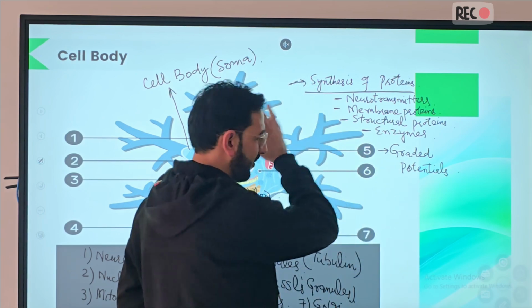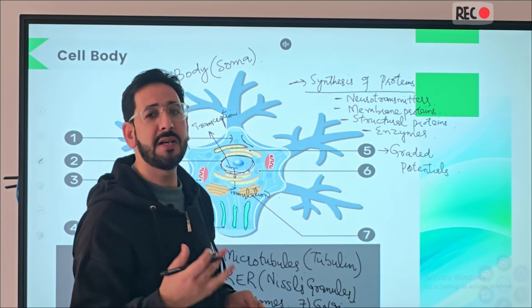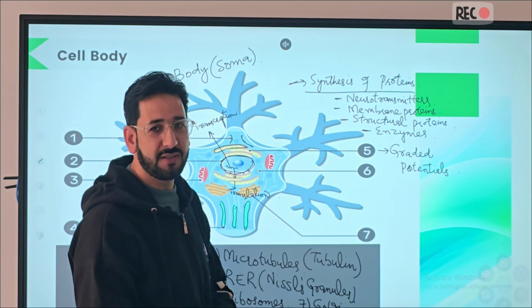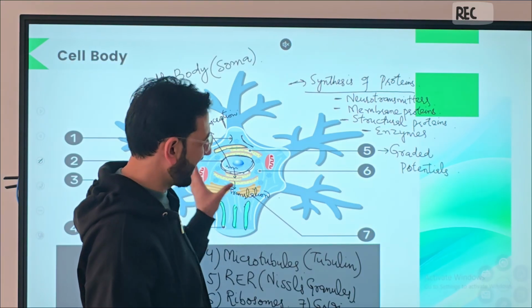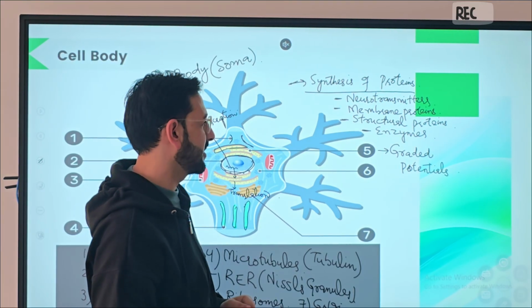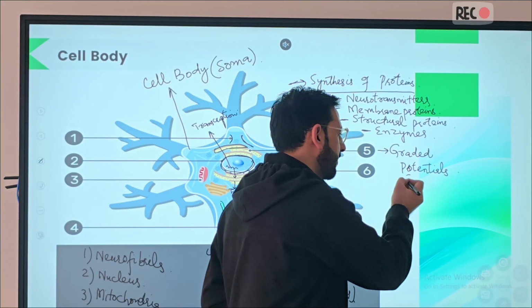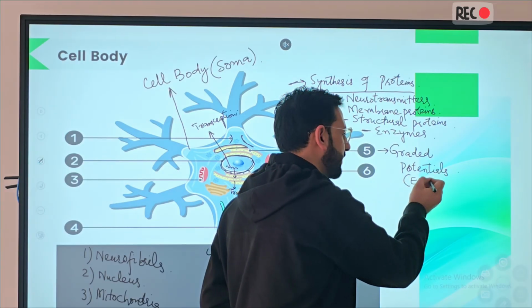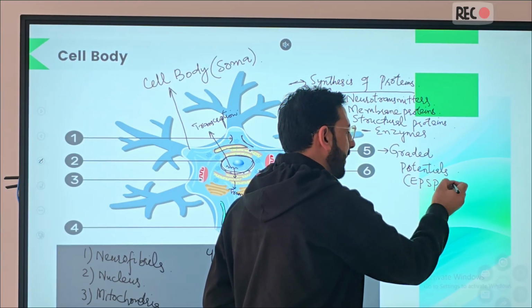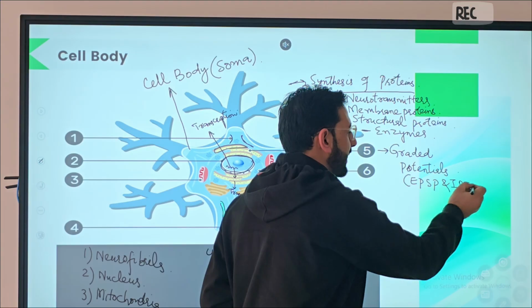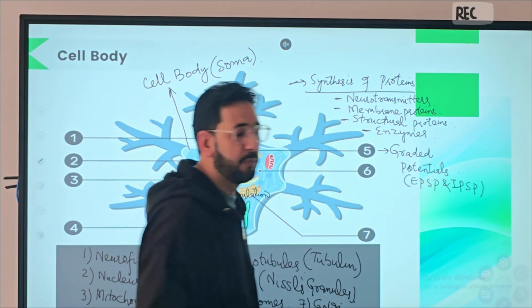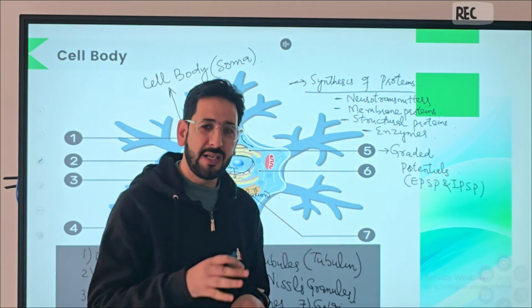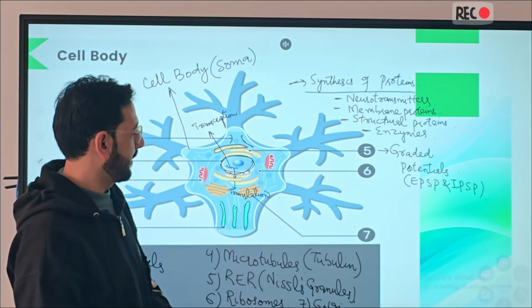We will discuss these when we talk about the dendrites, because dendrites are mainly responsible for generating graded potentials. You have to remember that graded potentials can be EPSP, excitatory postsynaptic potential, and IPSP, inhibitory postsynaptic potential. What exactly this is, we will talk about in dendrites.